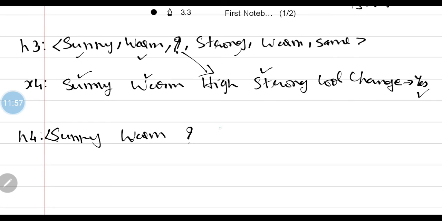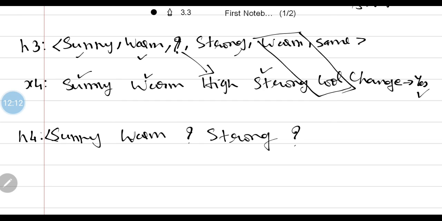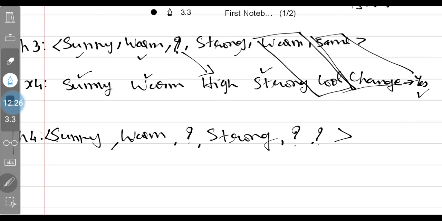Here strong and strong are the same, so the fourth parameter remains as it is. Coming to the fifth attribute, we have warm and cool. That is, multiple values are allowed for the fifth attribute. We convert it into a question mark. And the last one also, same and change, we have multiple values allowed. We convert it into a question mark. So this will be the resulting hypothesis for the Find-S algorithm.